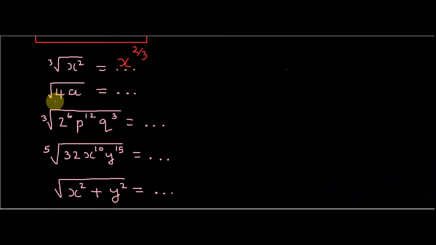In the second question here, we have the square root of 4a. What's important to realize is that both the 4 and the a are under the square root. So the square root applies to both 4 and a. We're going to use prime factors. We're first going to rewrite the 4 in terms of prime factors.